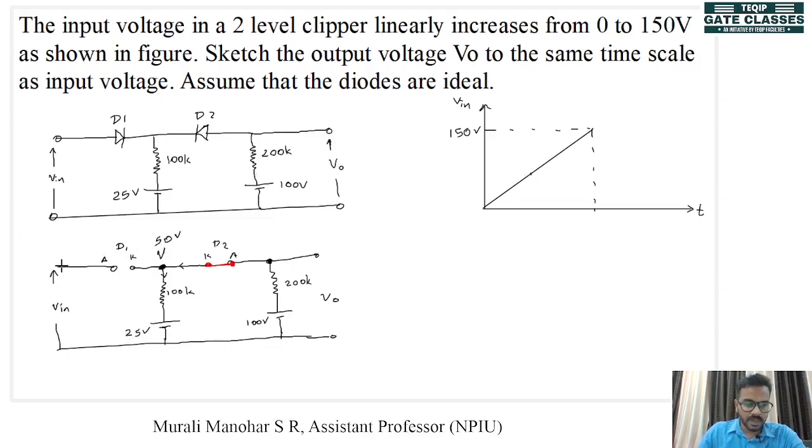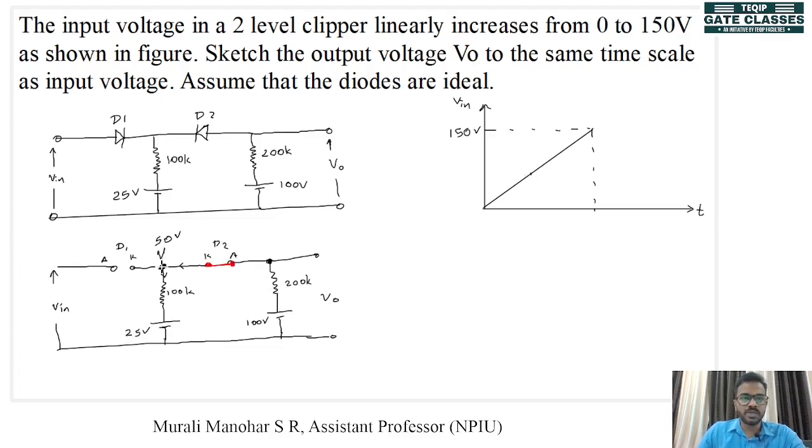When Vin is equal to 100 and D1 is turned on, the voltage at this point will also be 100 because this point is now directly connected to Vin, right? When the voltage here is 100, our diode D2 will be turned off. When the voltage here is more than 100, our diode D2 will be turned off because the anode of D2 is connected to 100 volts, right?